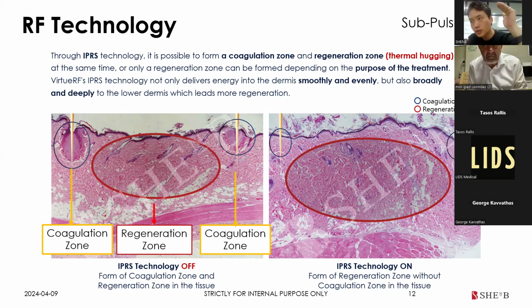But still, 300, 400 milliseconds is sometimes too strong in the cheek area or forehead area. But for VirtuRF, with the same settings, we can lengthen the RF duration time to 600 or 800 milliseconds, and divide the pulses in a multiple pulse mode, let's say pulse mode 6 or 7. In this case, we can deliver a strong energy in a very safe way, which means there are fewer side effects, plus less discomfort.